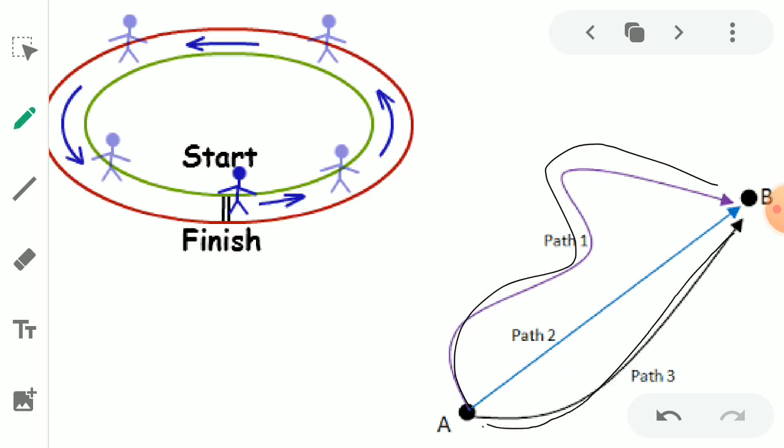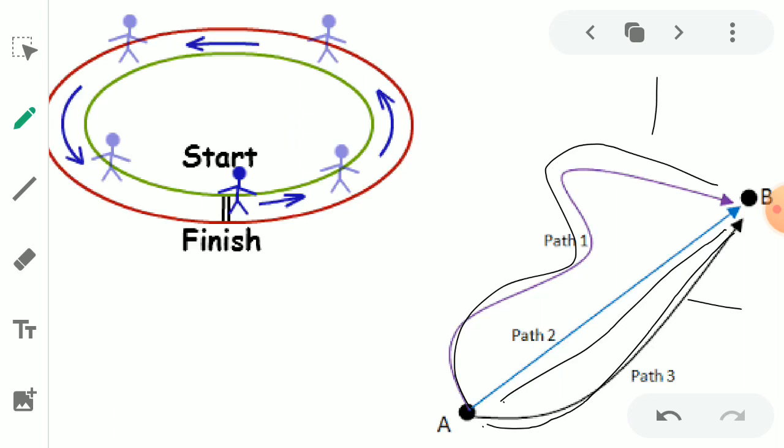Okay, so this is the distance it travels from this position, and this is the second path by which it moved from position A to B. When we talk about the distance, path 1 has a distance, path 3 has one, and path 2 has one.